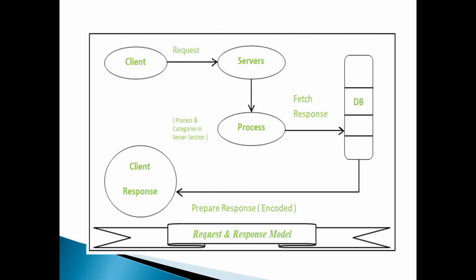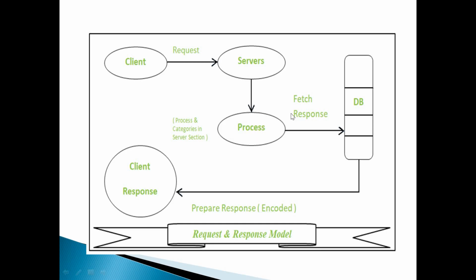This is the request and response model architecture diagram. First, the client sends a request to the particular server. The server processes the request, and the categorization is all done in the server.